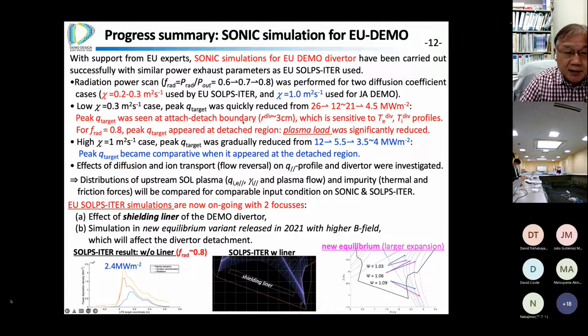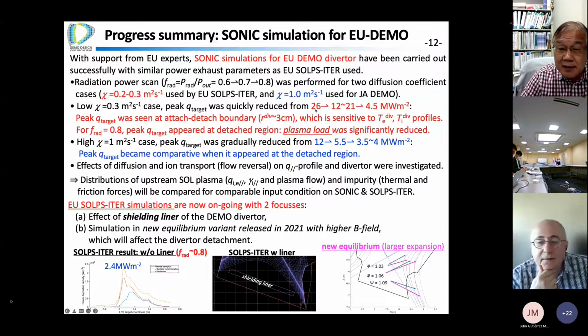In the case of the lower diffusion coefficient, the peak heat load is reduced so quickly, and it is also sensitive to the deuterium gas puff amount. So the detachment is very narrow and very sensitive to the temperatures.